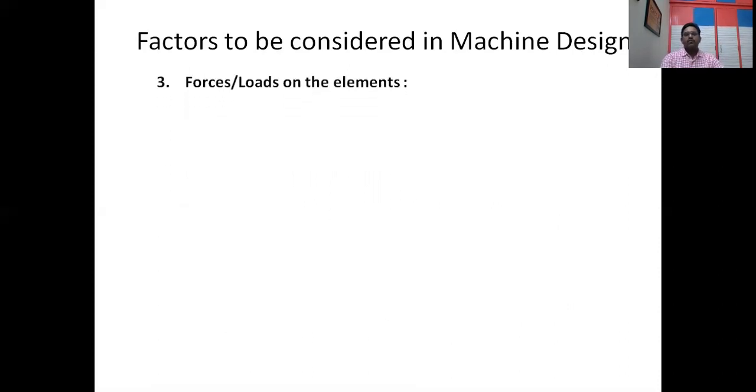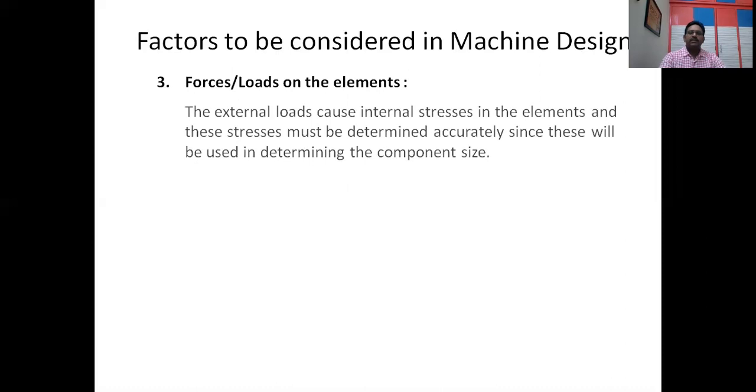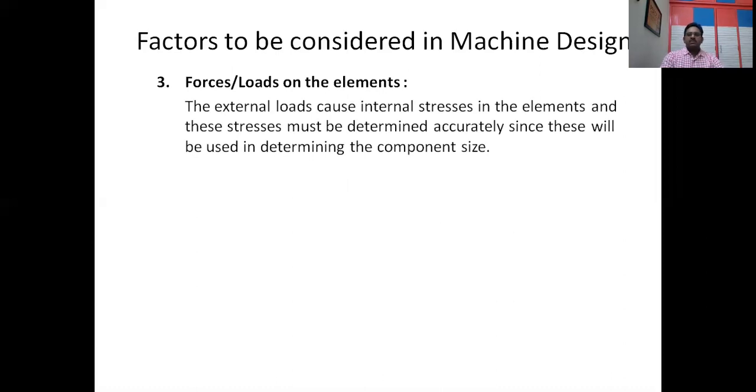Next one is forces or loads on the element. When we design a machine element, we have to see what are the various forces or loads acting on that material. The external loads cause internal stresses in the element, and these stresses should be determined accurately since they will be used in determining the components.